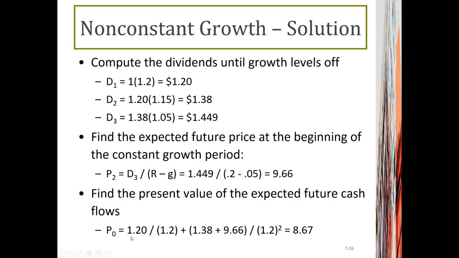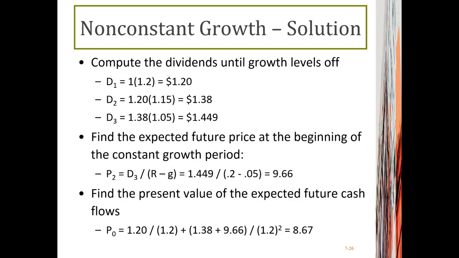So the cash flow for the first year is $1.20, which is D1, and the cash flow for the second year is D2, which is $1.38, plus the price at which we are going to sell at the end of the second year, $9.66, and we're going to discount the cash flow for the second year twice by using 20% as the discount rate. That will give you $8.67 of stock price.